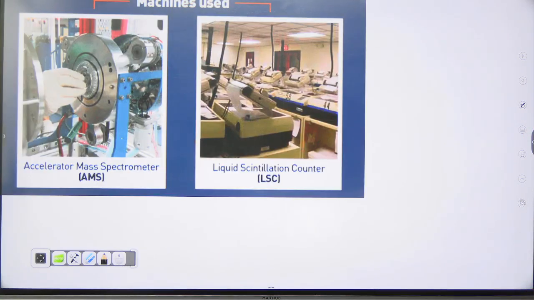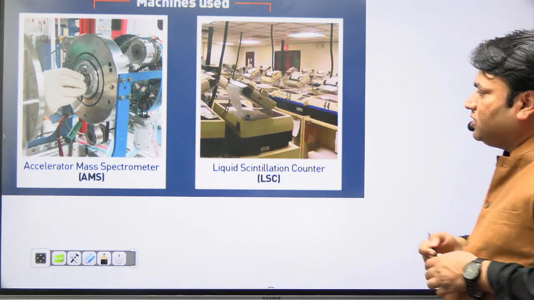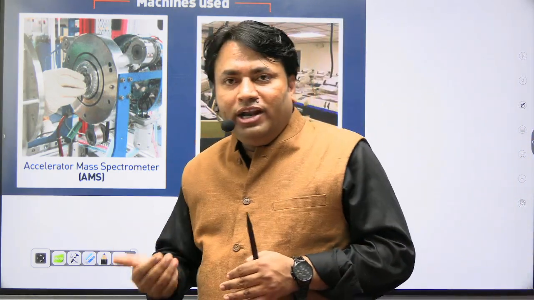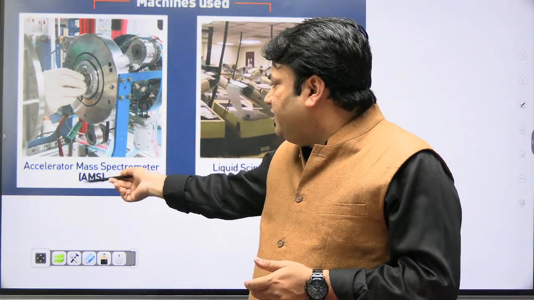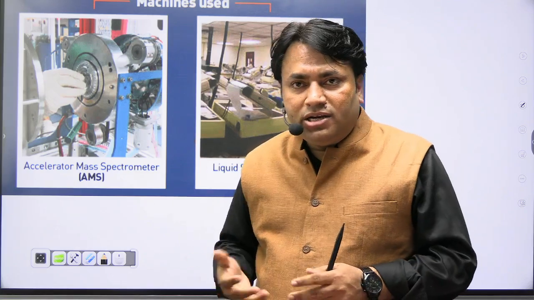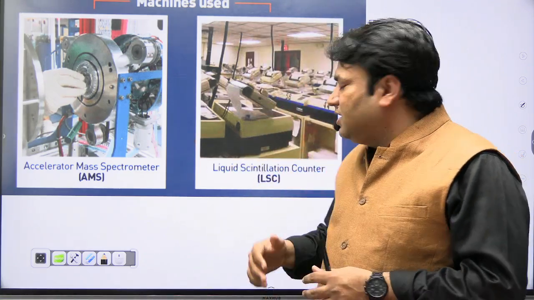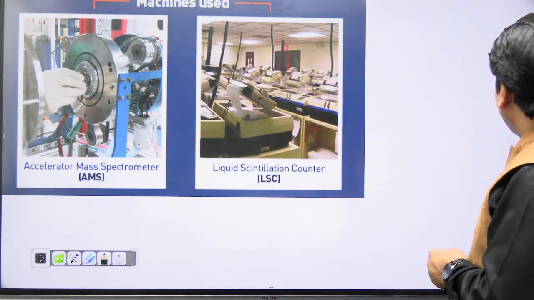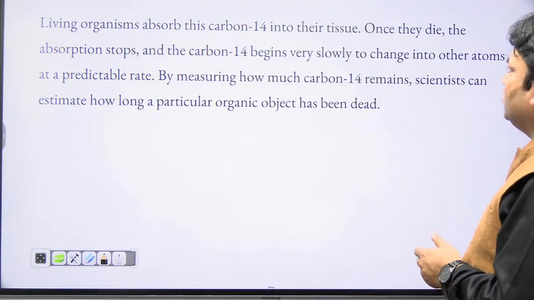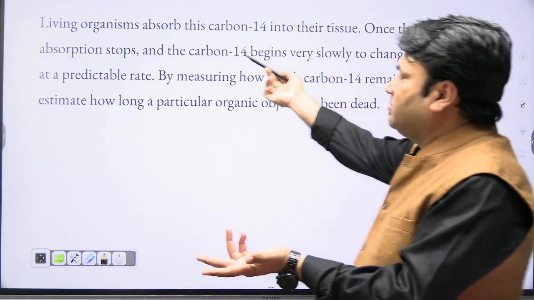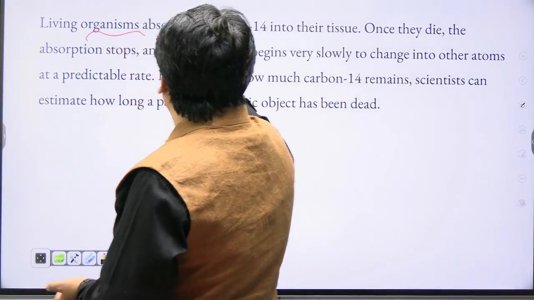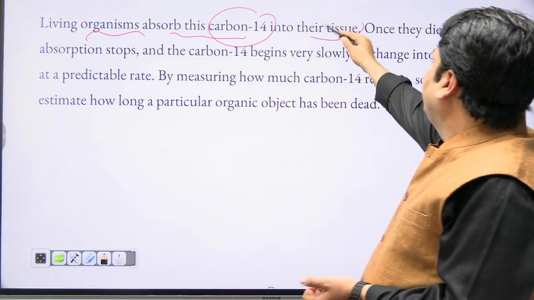The machines that are used in the carbon 14 dating method are the accelerator mass spectrometer, called AMS, and the liquid scintillation counter, also known as LSC. So these machines are used. Again, it has been explained that living organisms absorb carbon 14 into their tissue.